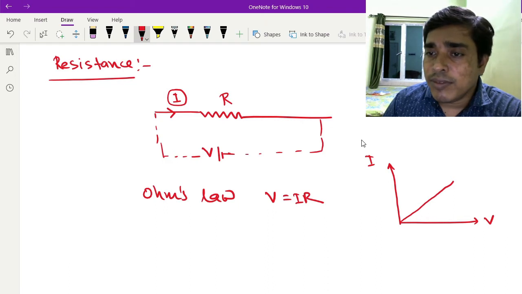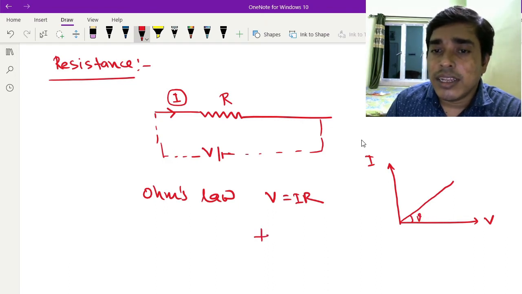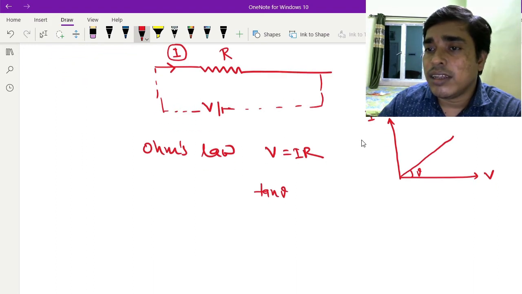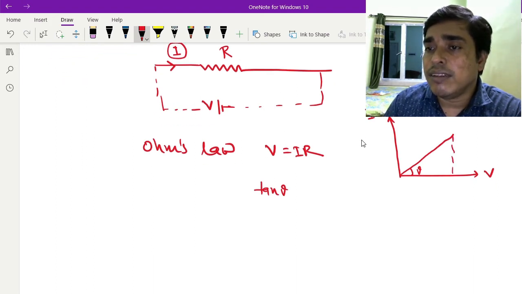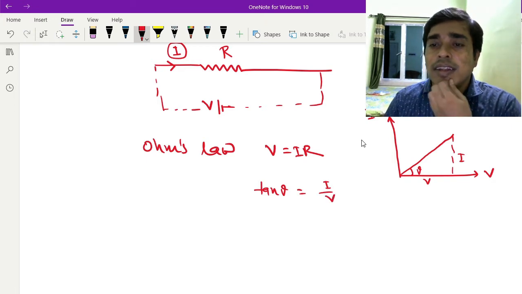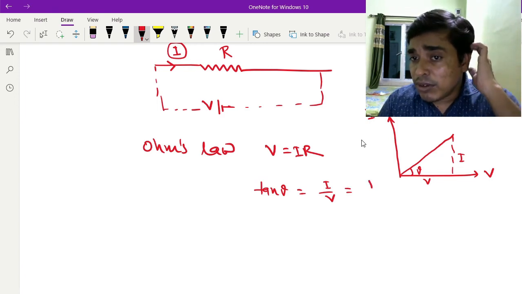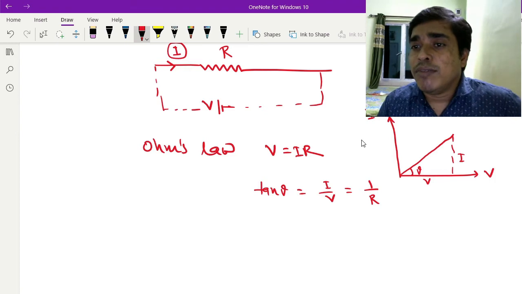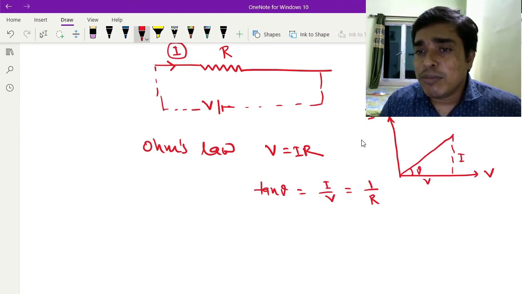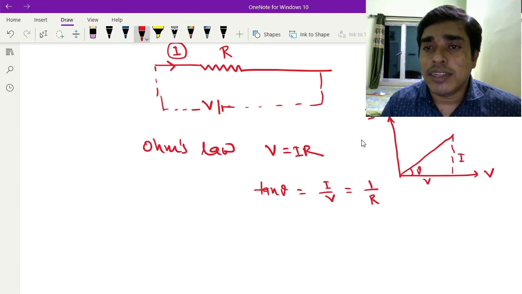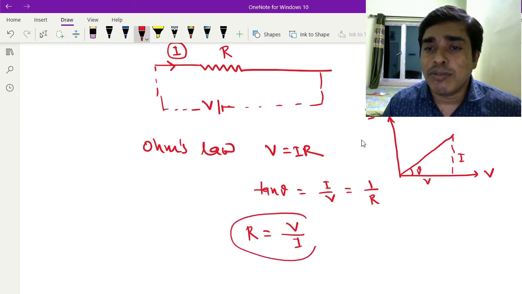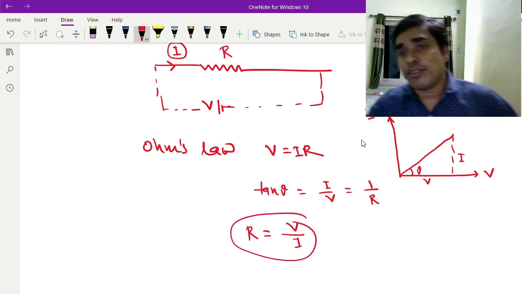Suppose this angle is theta, then tan theta equals I by V, which is 1 by R. So the inverse of the slope gives the resistance.